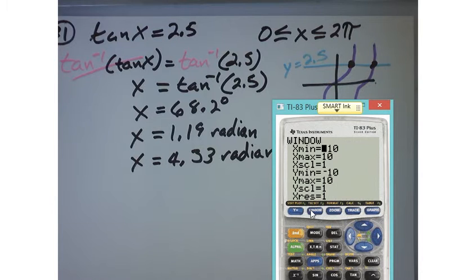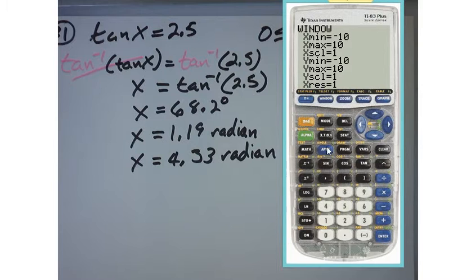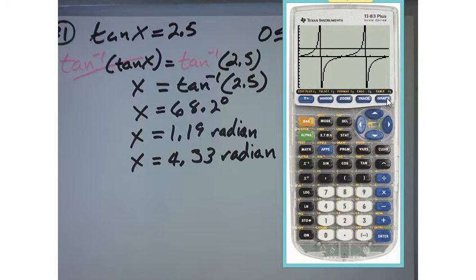Another way you could look at it is I could set my viewing window for x minimum as 0 and x maximum as 2 pi, and I graph that, we're just looking at these two solutions right here, this one and this one.